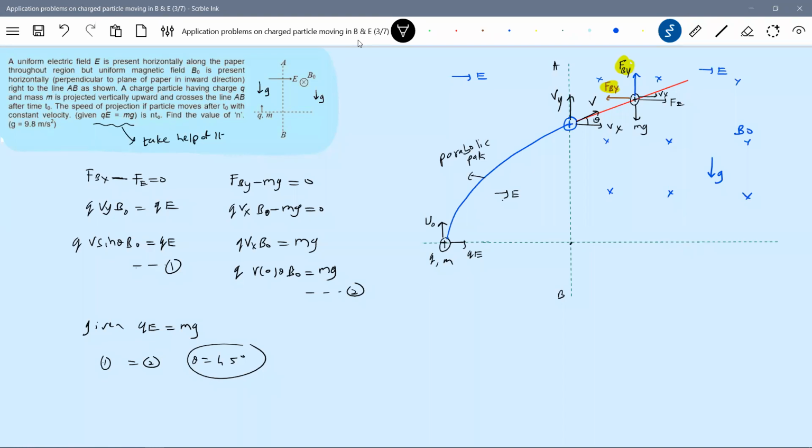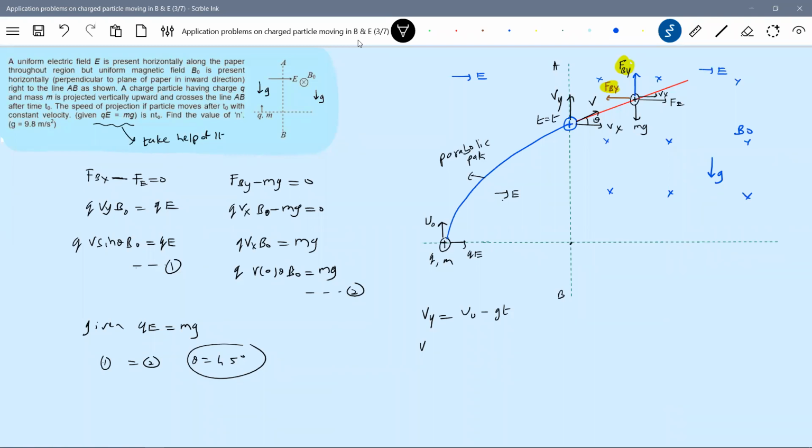Let's get into the next part of the discussion. Vy is equal to U naught minus g T, the time taken to reach here. T I will write. What is Vy equal to? V sin theta.